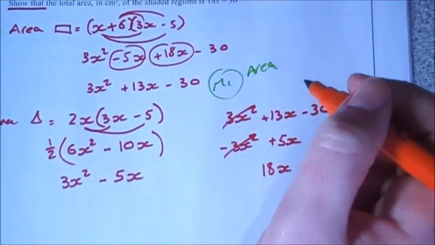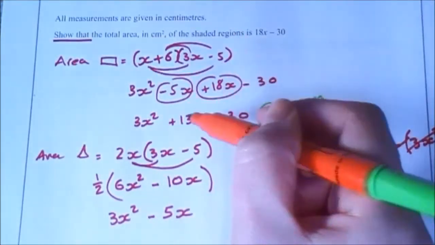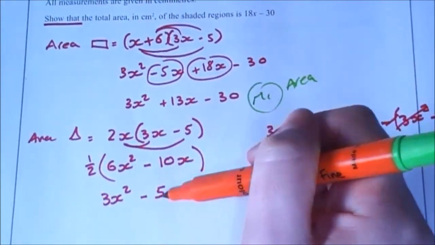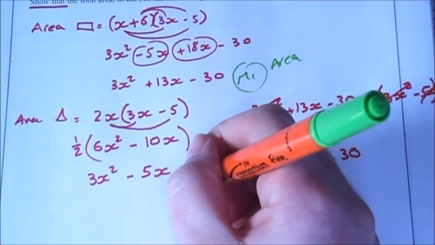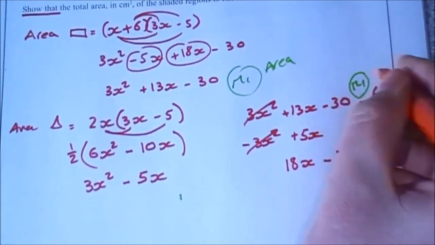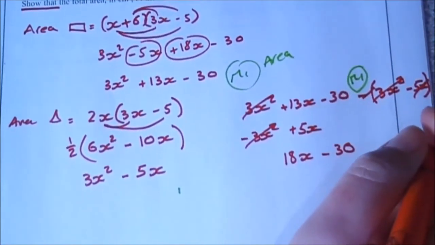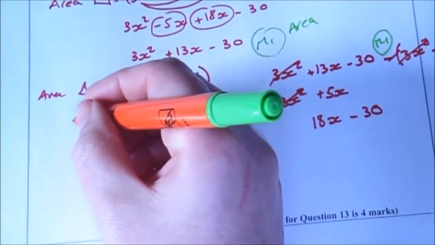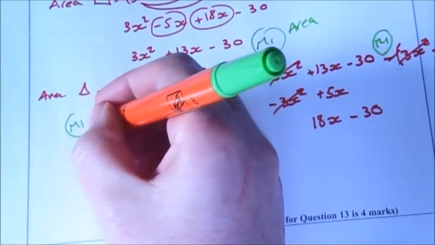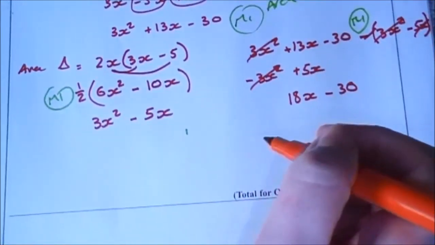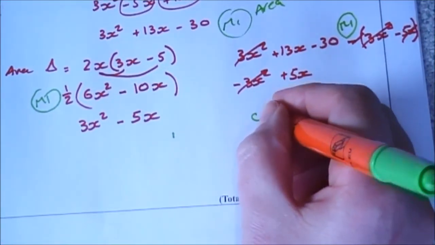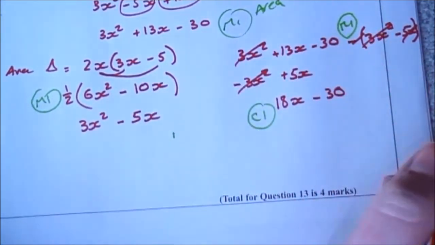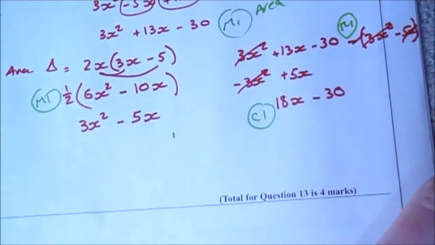You get another mark then for showing that you've taken that area and subtracted that area. So that would be that mark there. You get a 3rd mark for managing to show that you were halving the triangle. And then you get the final communication mark for working with all the values correctly and getting the final answer.